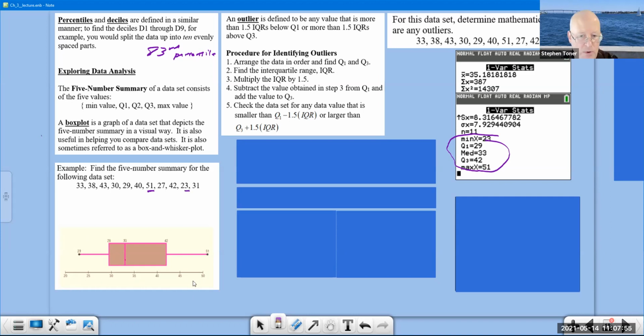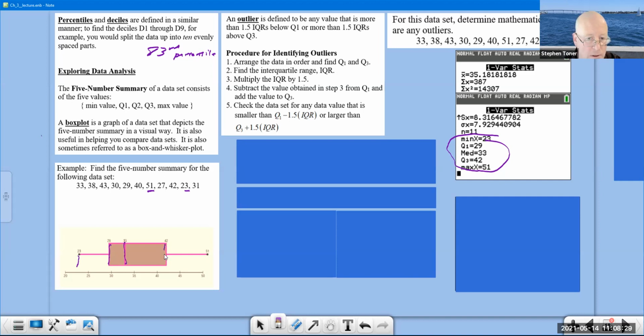When you are drawing these manually, you physically draw a number line. You make sure that the scaling is properly identified and that these values on the scaling are evenly spaced. Typically, what we would do is draw a line at the minimum value, which in this case is 23. We would draw a vertical line at the 29, which was Q1. You would draw a vertical line around the median, which is 33 in this case.